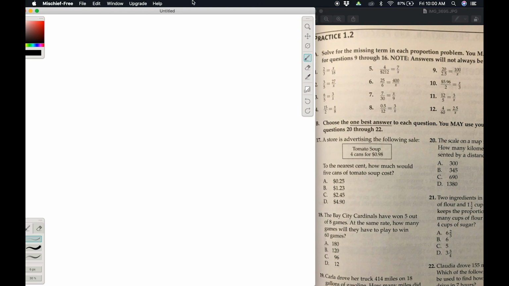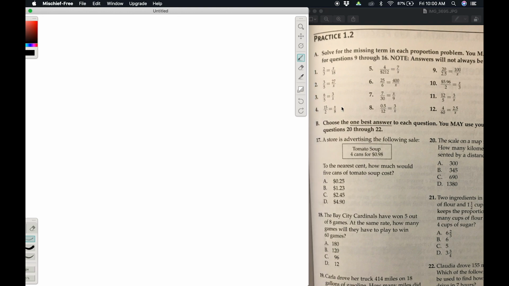Okay, now we'll go to number 3, 6 over 5 is equal to 3 over x. Okay, so multiply this way. So 3 times 5 is 15.